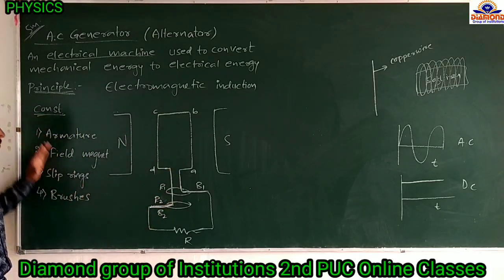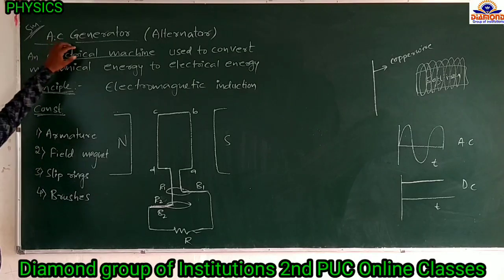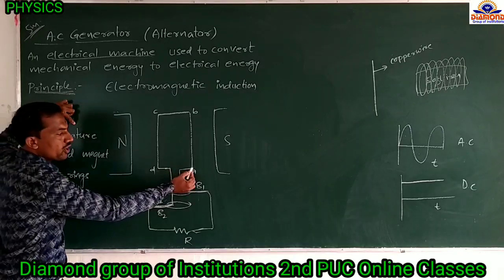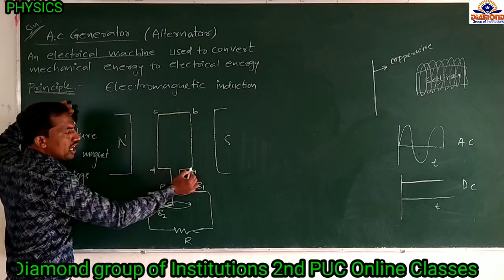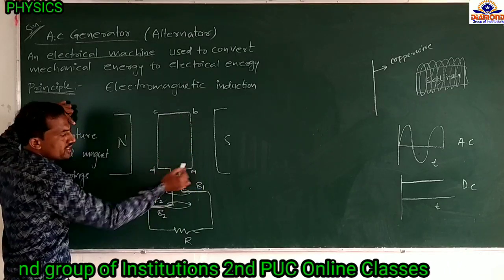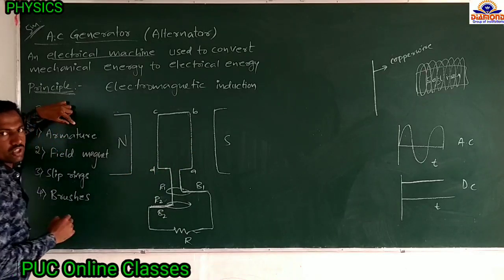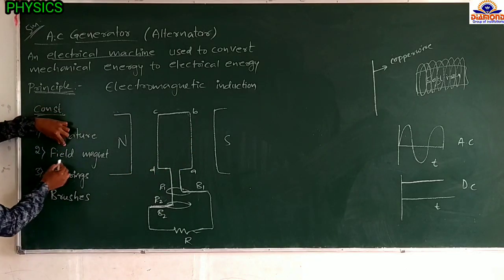These are the essential parts we are using in an AC generator. What are the parts? First one is the armature. The armature is a coil made up of a large number of turns of insulated copper wire. Second one, field magnet.